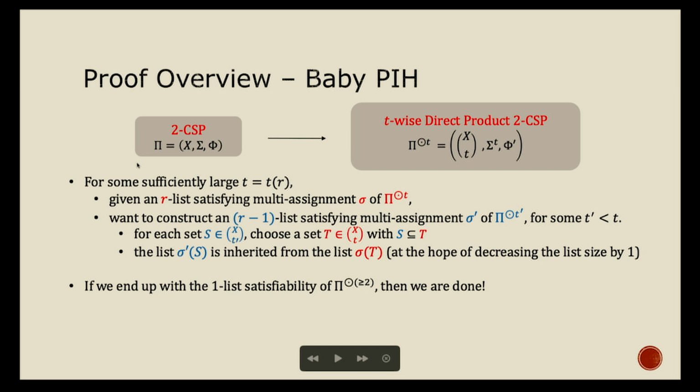So the clever step in this proof is to choose the superset T in some way such that we can always decrease the maximum list size by 1.